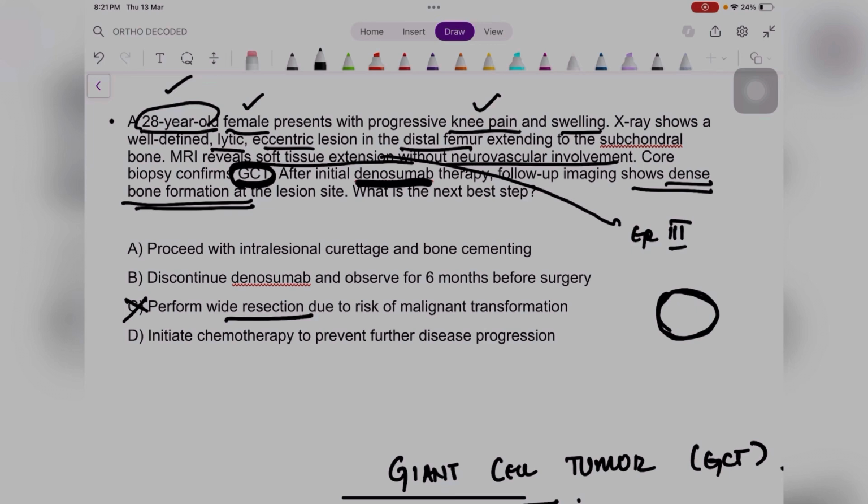Do you want to initiate chemotherapy? As we said, chemotherapy has no role in GCT. Then, discontinue denosumab and observe for 6 more months before surgery? This is not a wise option. So what is the only thing we can do? We can proceed with an intralesional curettage and bone cementing as a definitive management.